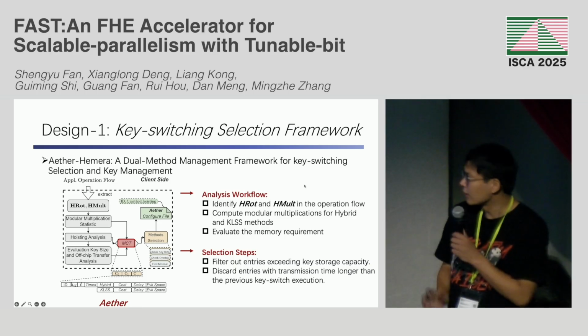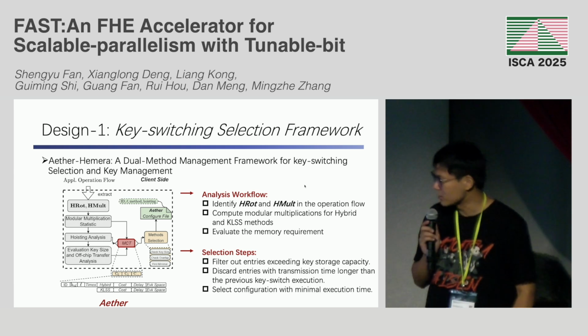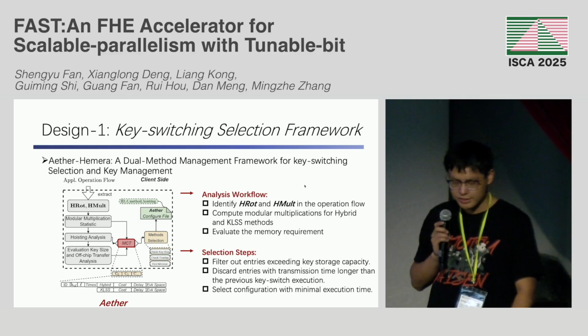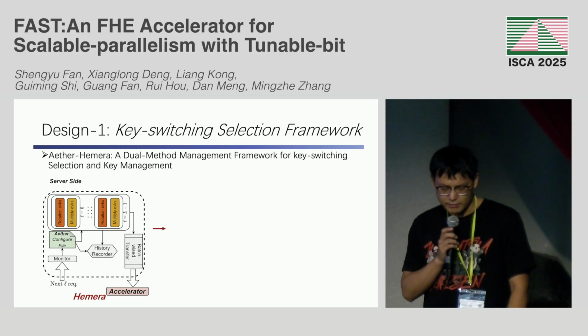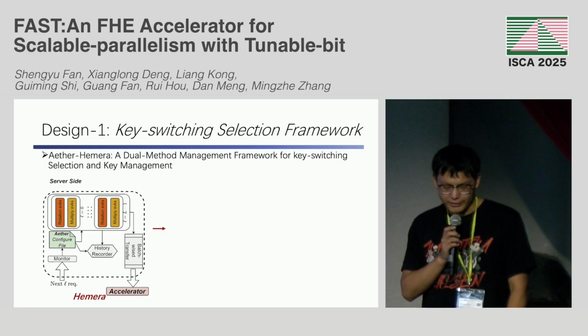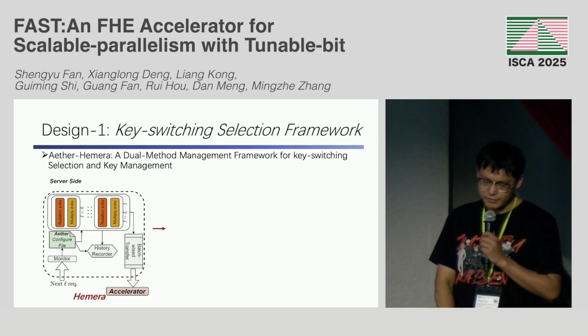And then it will select the minimal execution time with the configuration. Next is the key management module deployed on the server side, whose primary role is to prepare the key data for the accelerator.